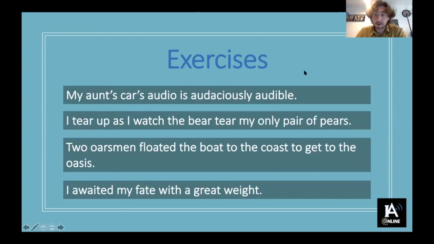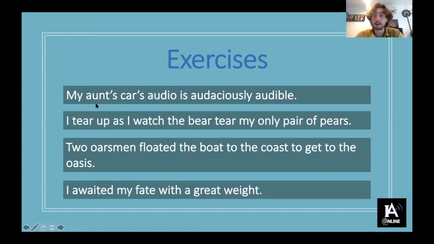Okay, so to start, my aunt's car's audio is audaciously audible. Okay, one more time. My aunt's car's audio is audaciously audible. You see? So, aunt's car's audio is audaciously audible.